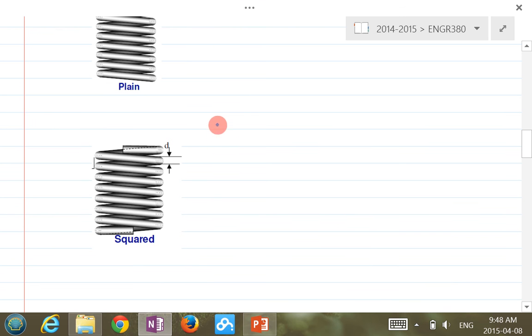Okay, and I know the pitch is 5 millimeters, and the d is 3 millimeters. Let's see how I get the necessary information here. First, how many turns does it have? NT is the total number of turns. Can you do a quick count of the total number of turns for this spring?